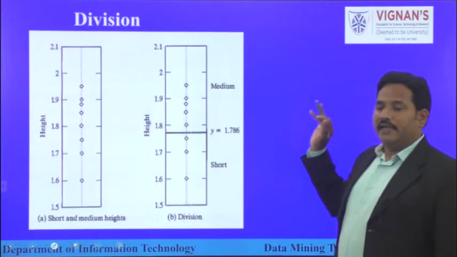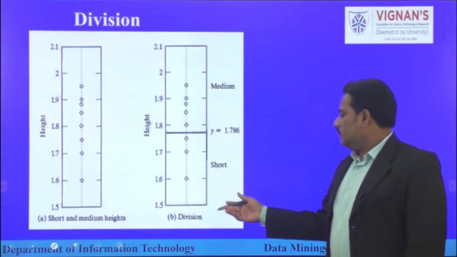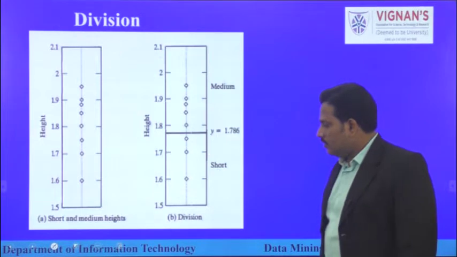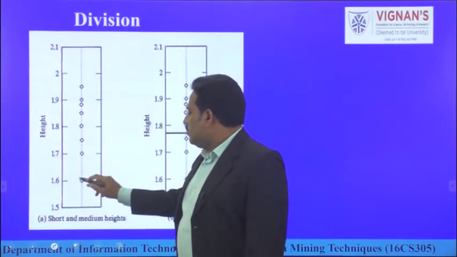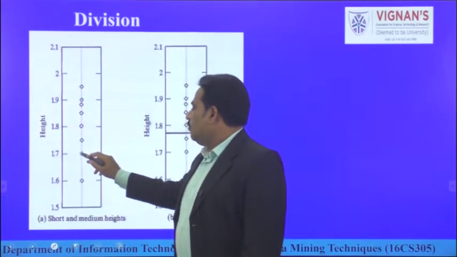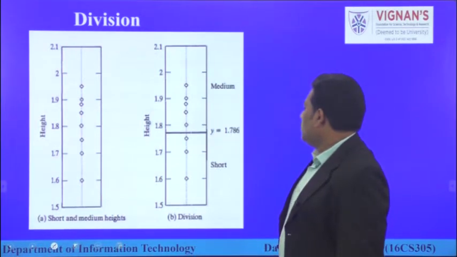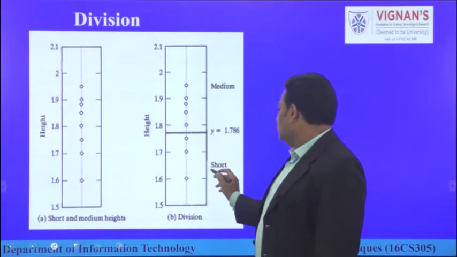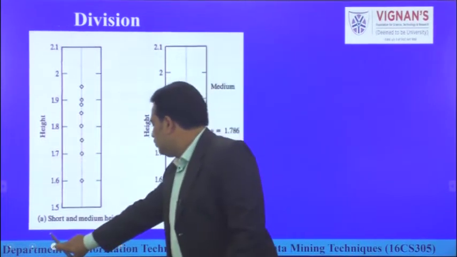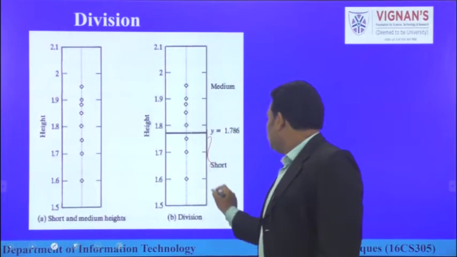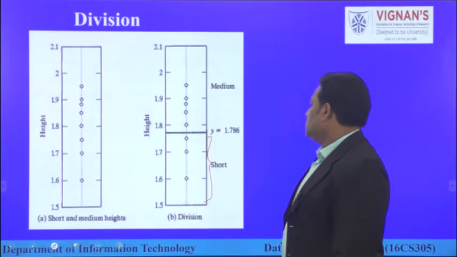If we consider the height example, short and medium heights and division here. Look carefully here. Short and medium, the values here are 1.6 meters, 1.7 meters, and like this we have a maximum up to 2.1 meters. The values which fall below, we are taking as short, that is between 1.5 to 1.7.